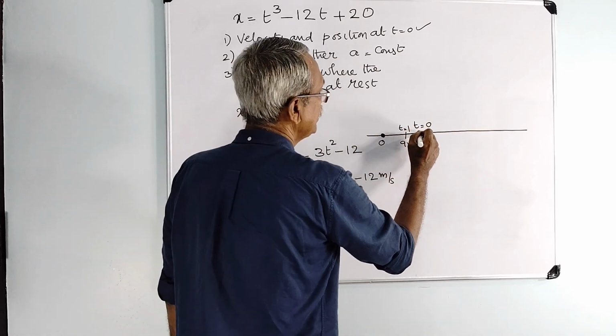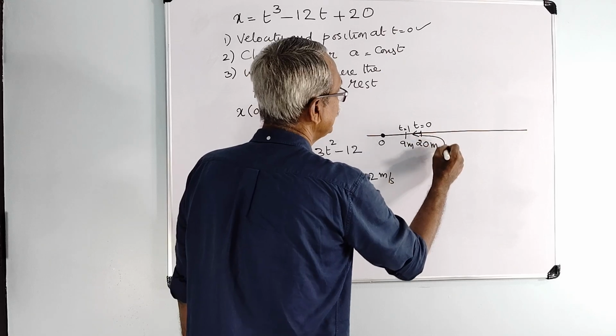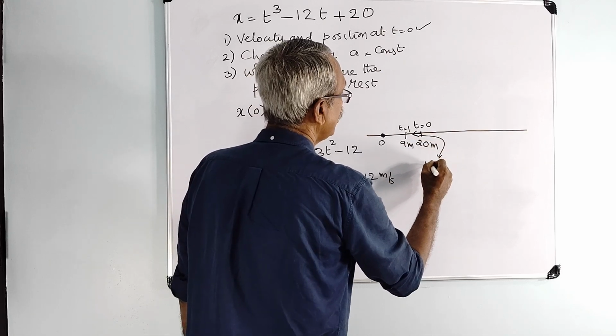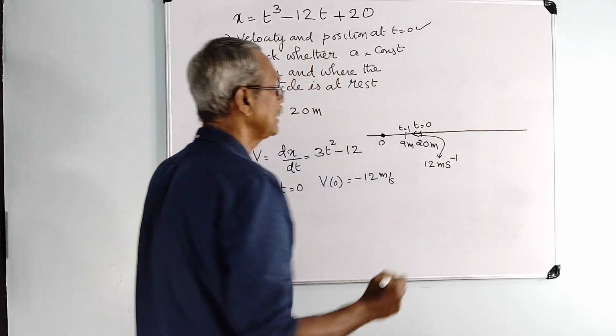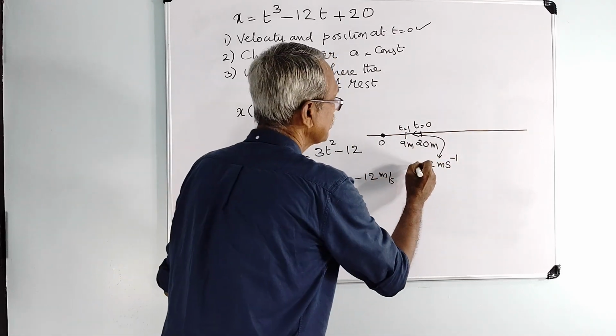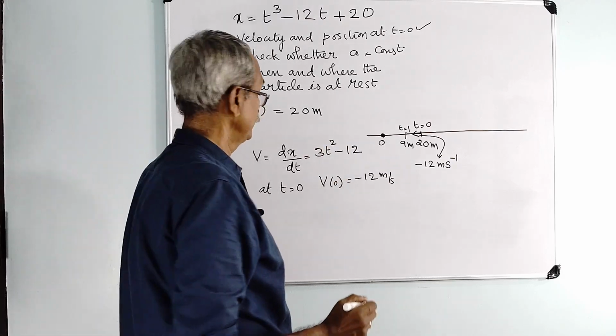Therefore, at this point, the particle moves in this direction with a speed equal to 12 meter per second. That is minus 12 meter per second because it is moving towards the left.